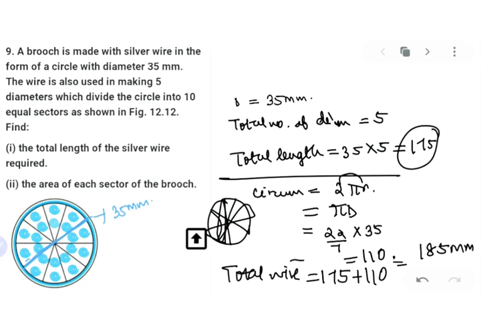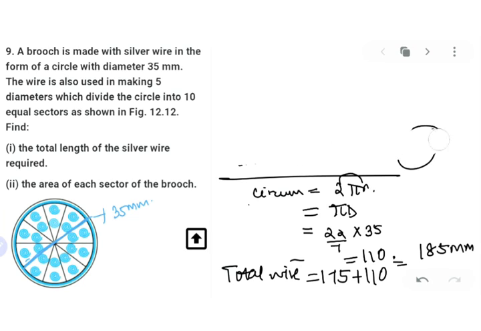Now you have to find the area of each sector. Let's see what we can get. I'll just erase this part.